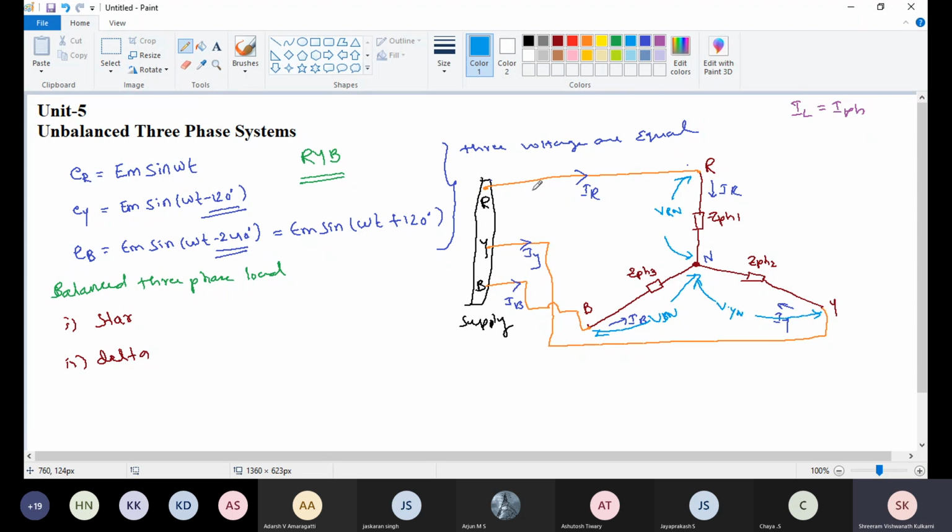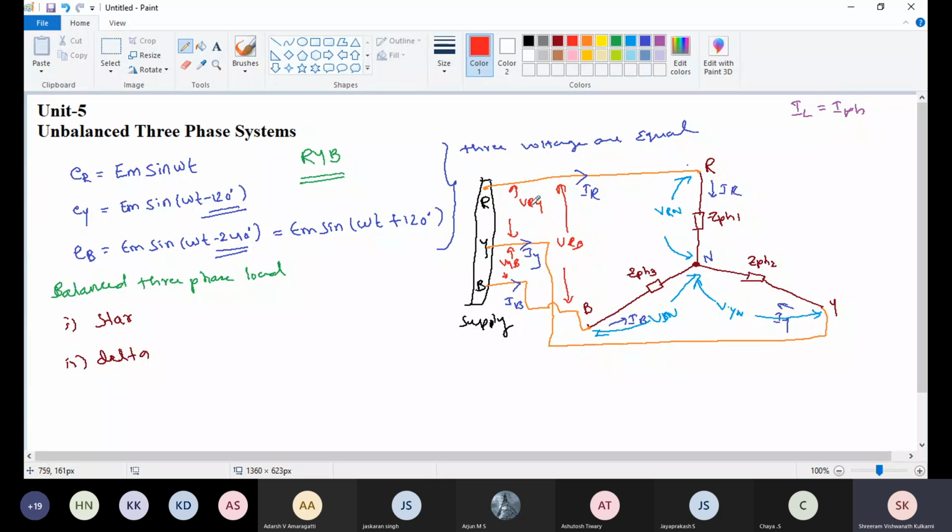Okay, then what will the voltage across the line be? Voltage across the line: VRY, then VYB, then VRB.